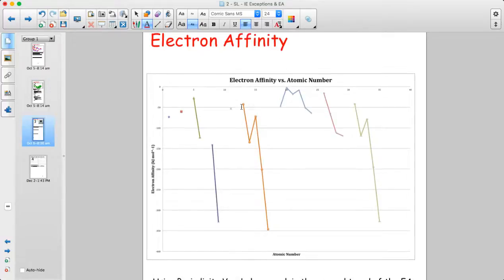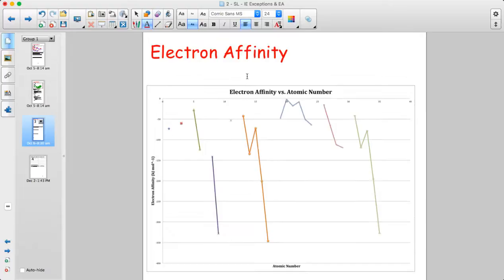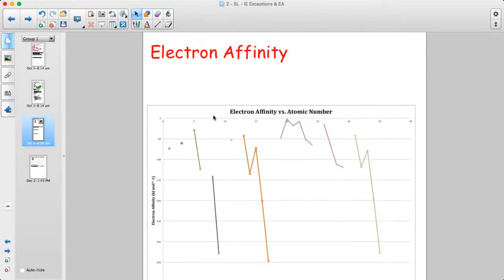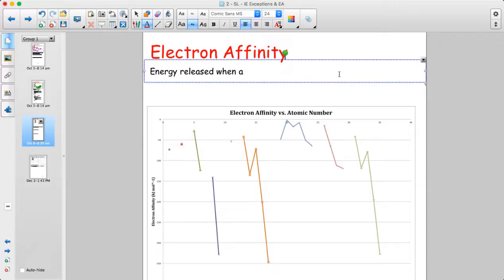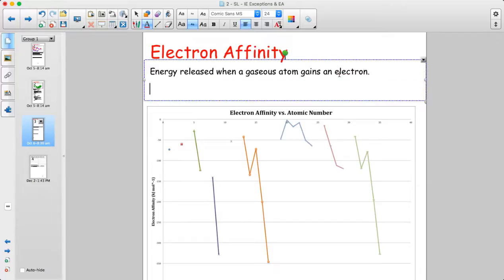Another property that is new for the IB is the electron affinity. You should be aware of what it is: the energy released when a gaseous atom gains an electron. When atoms are forced to gain electrons, it usually releases energy and stabilizes the atom somewhat.